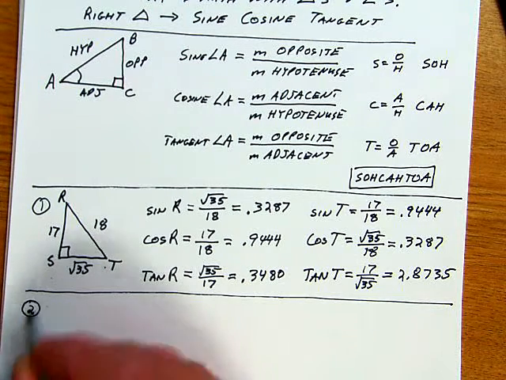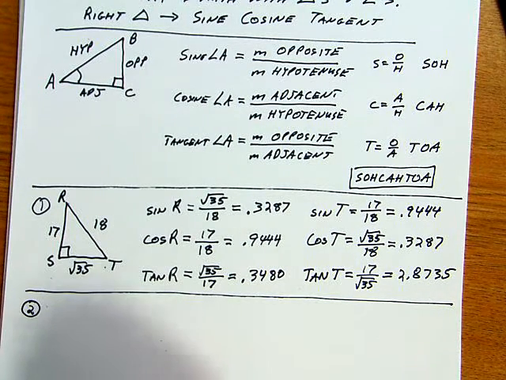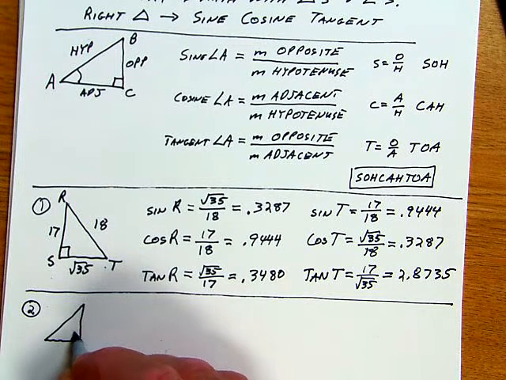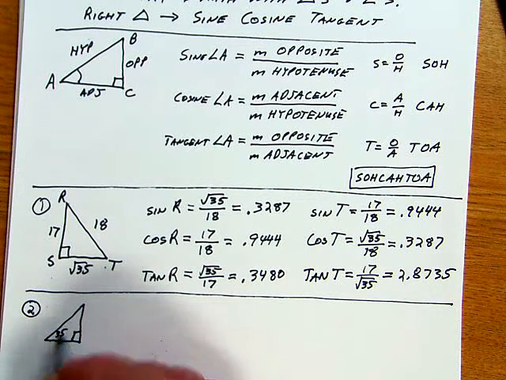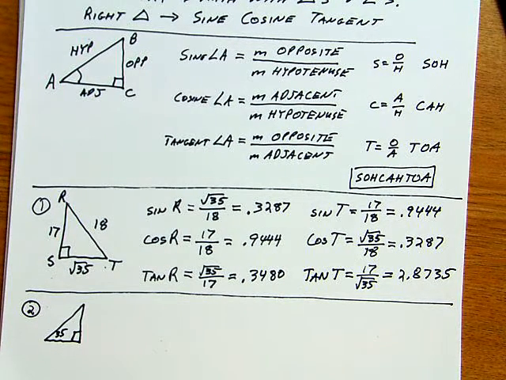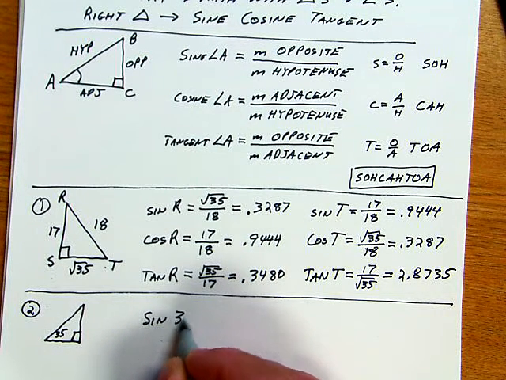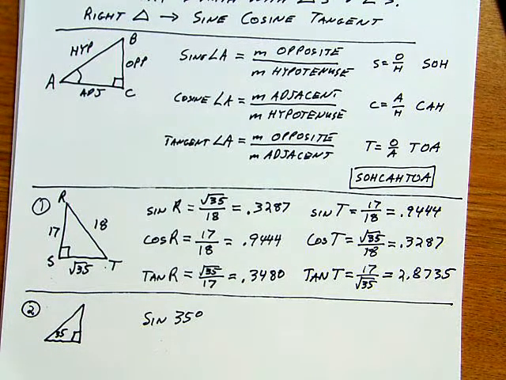Now example 2 is real simple. I'm going to give you this picture. Right triangle, and it's got a 35-degree angle. And I want you to tell me what the sine of that 35 degrees is. Now you can't do that with math, you have to use your calculator.